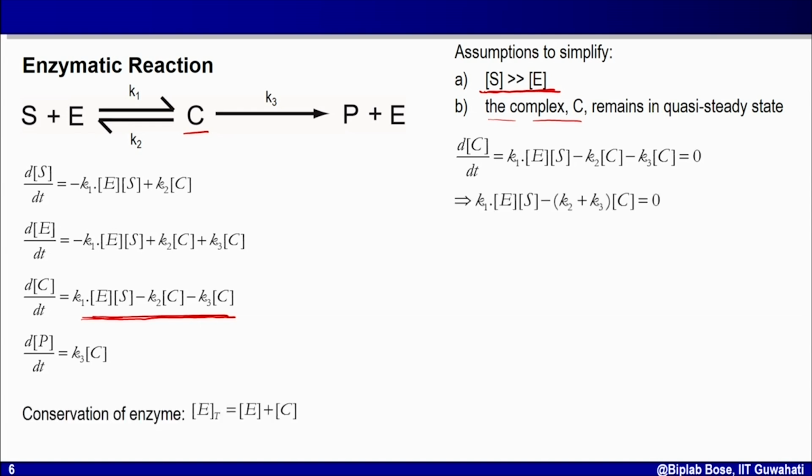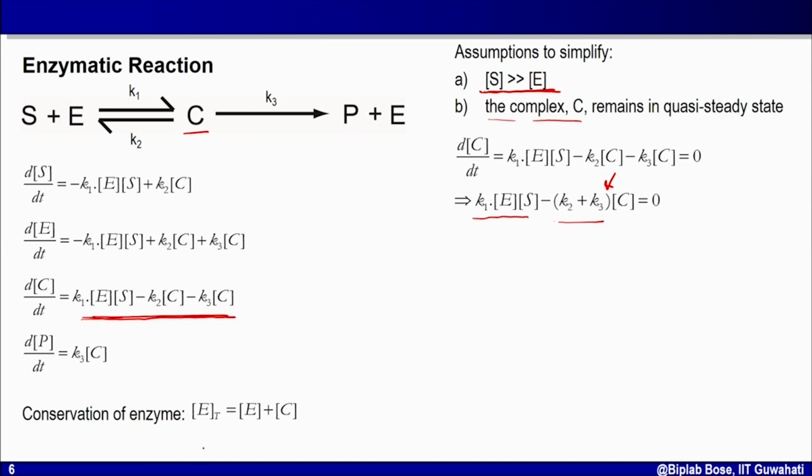So what I can do is, K2 and K3 both are associated with C, so I have taken them together. So I write the algebraic relation like this: K1 into E into S minus (K2 plus K3) into C is equal to 0. This is very simple. Now I have assumed a conservation.